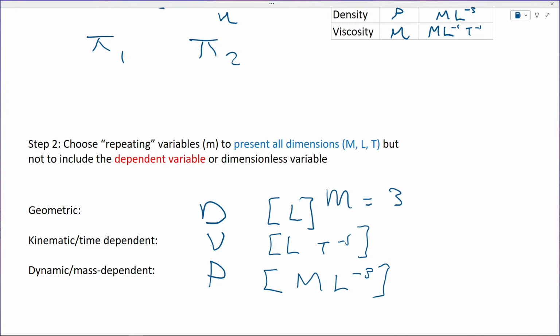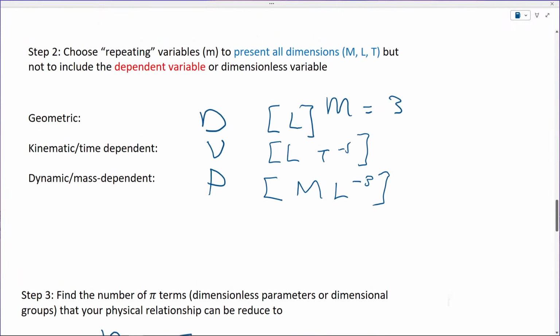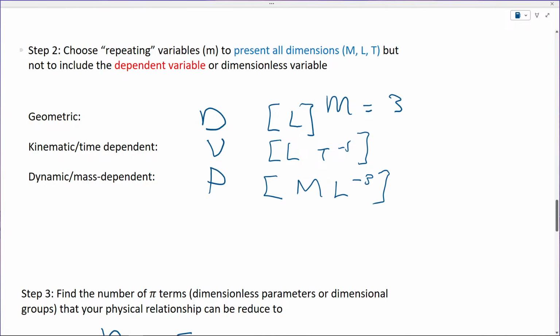So here I'm representing the L, here the T, and here the M. Now I have all my 3 dimensions represented in my 3 repeating variables.